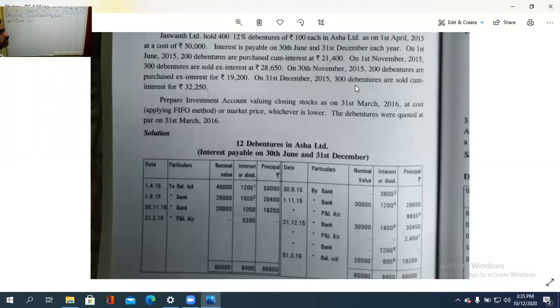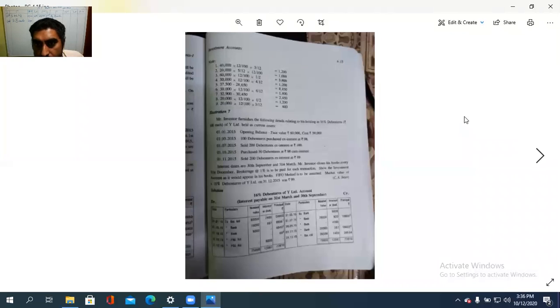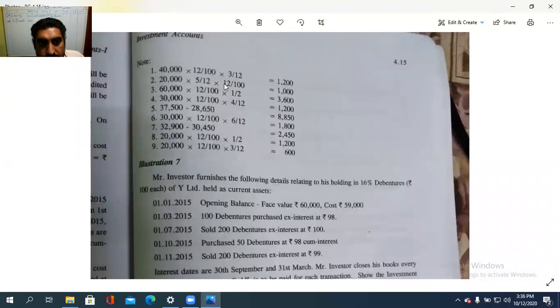So cum interest, how much? We have to find it. 20,000 into 12 by 100 into 5 by 12. How the 5? Starting from January: Jan, Feb, March, April, May.